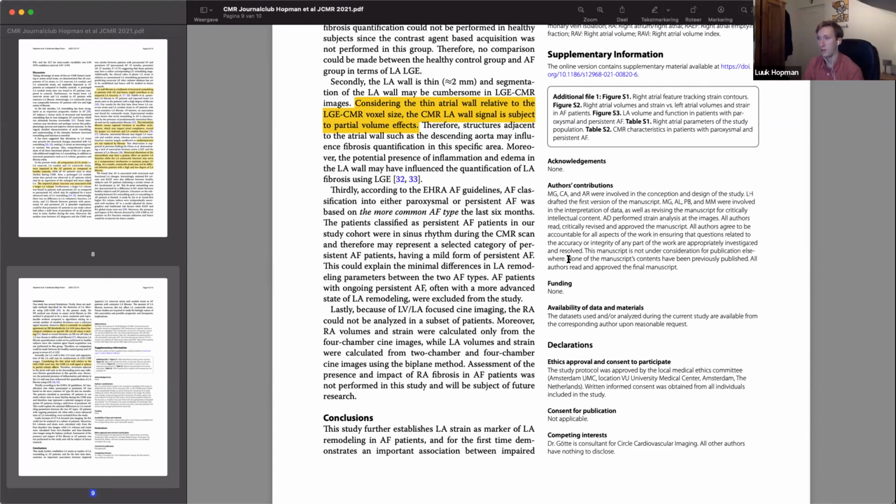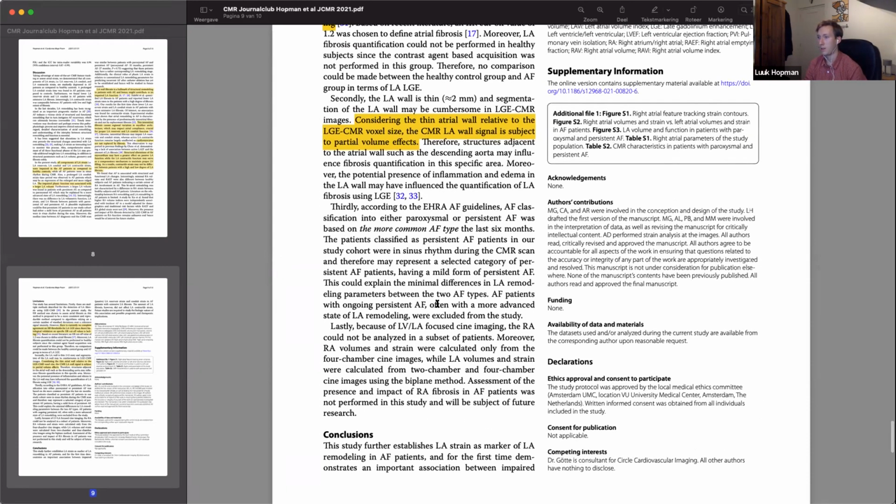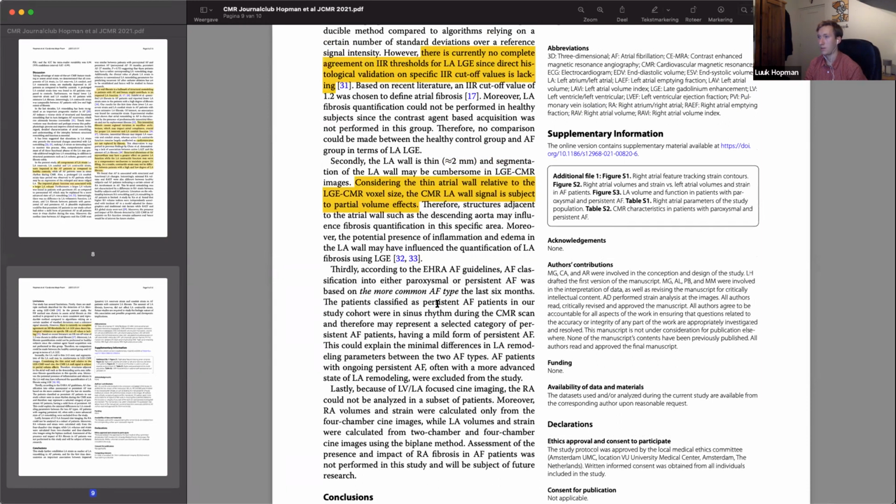I think it's especially important, for these AF patients, to get some kind of overview of their left atrial remodeling status.